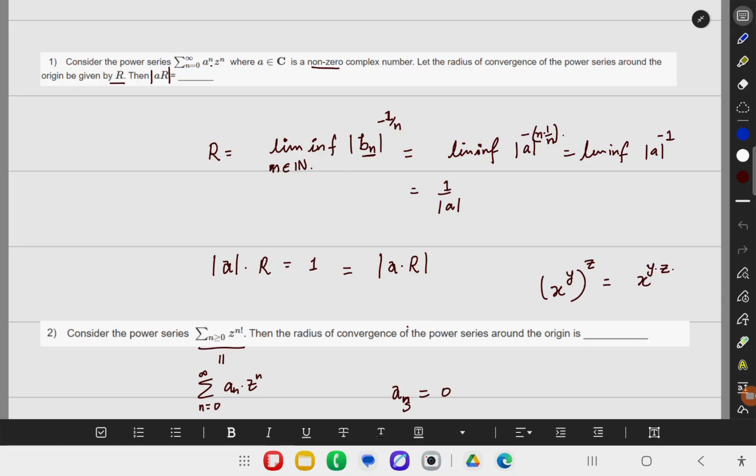The complex hull was defined, and the roots of p prime, meaning roots of the derivative of polynomial p, lie on the complex hull of the roots of polynomial p.